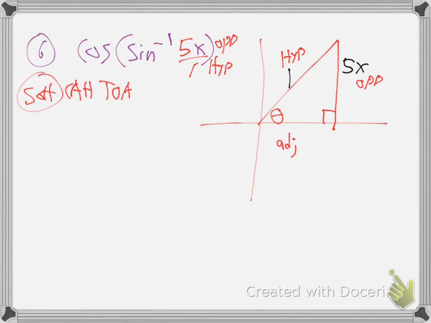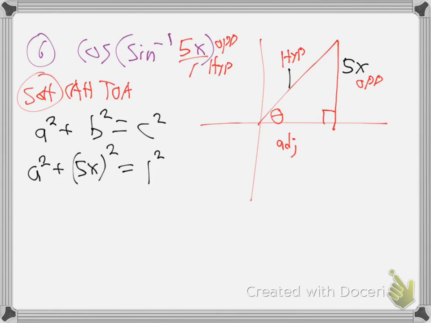Now, can you find the adjacent side? Pythag, right? The Pythagorean theorem. So I'll do it over here. A squared plus b squared is c squared. Which one's always the c? Hypotenuse. So 5x squared or just a squared, whatever. It doesn't matter which one's a and b.